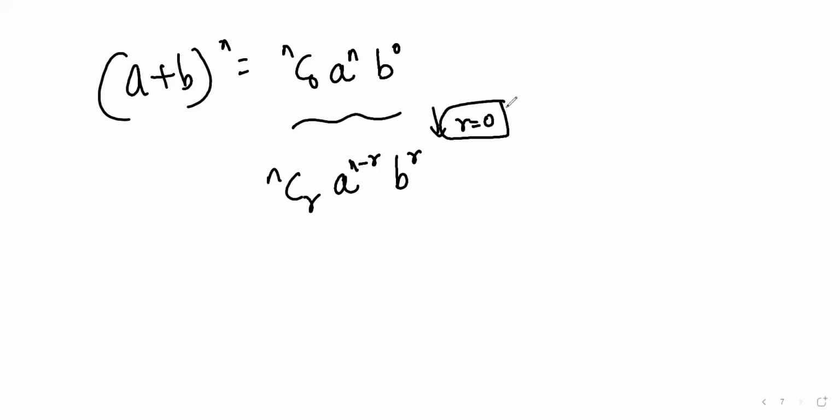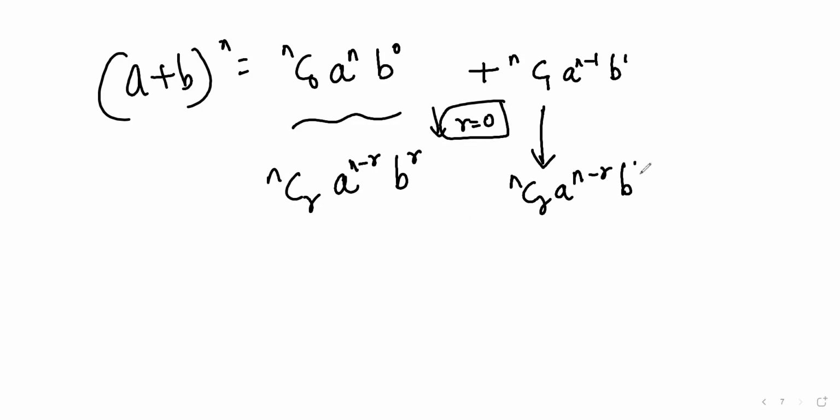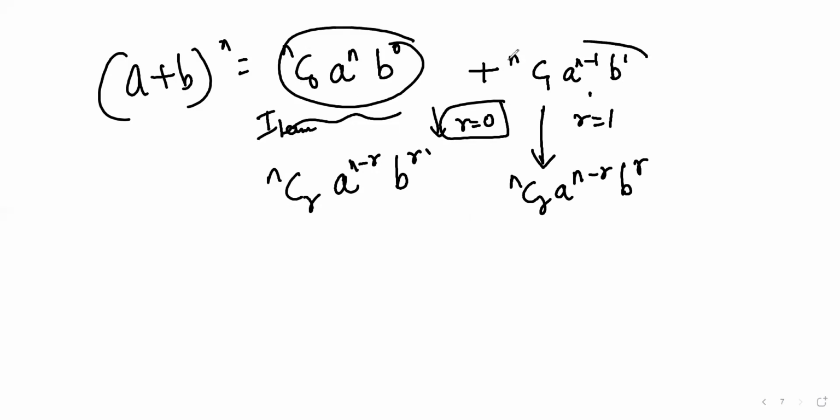Now listen carefully: nC1 a^(n-1), because powers of a keep on decreasing. This is nCr a^(n-r) b^r, and here r is 1. This is my first term, this is my second term.